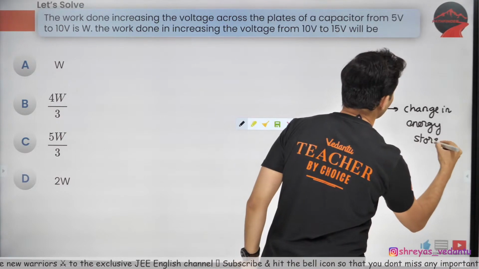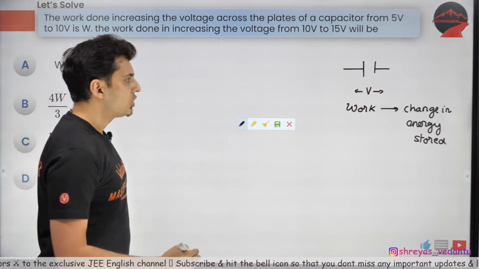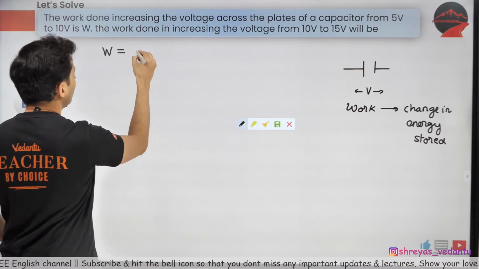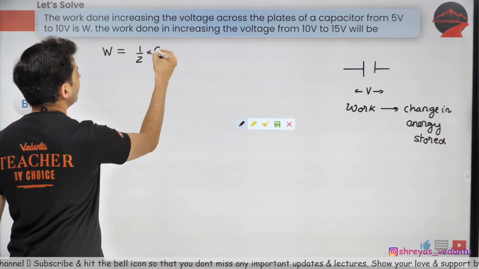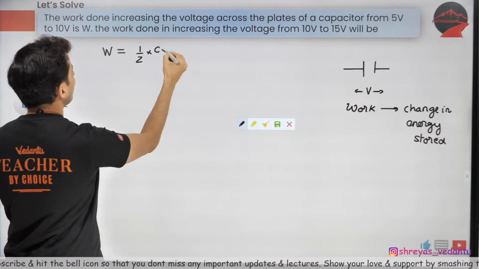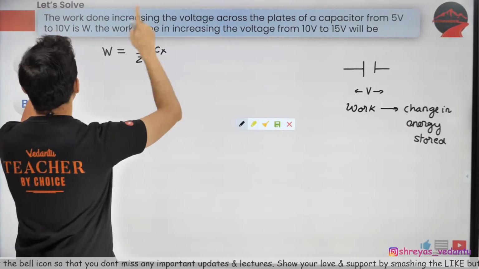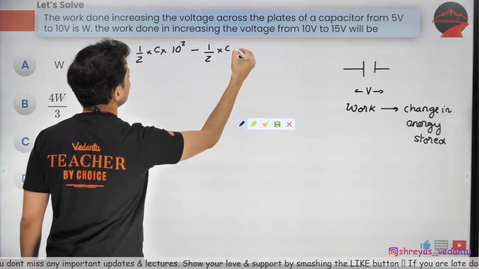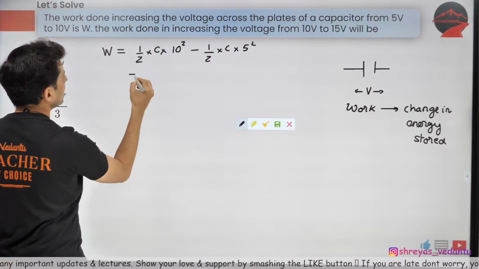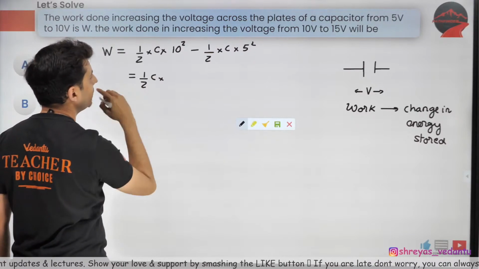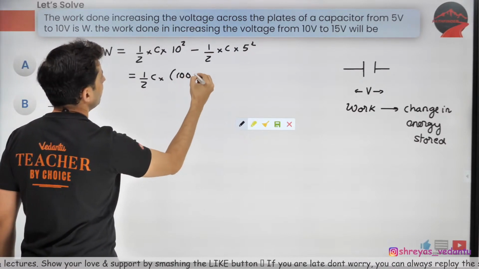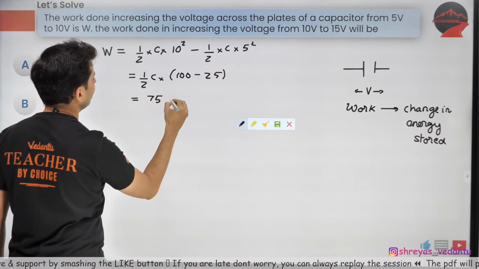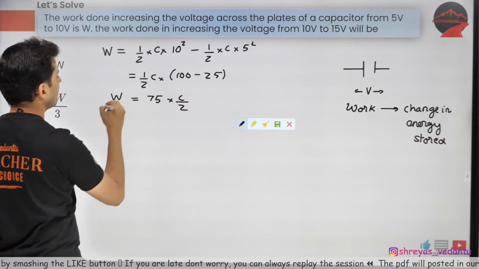In the first case the work was W and the energy change will be half C, I do not know, voltage is from 5 to 10, so final is half into C into 10 square minus half into C into 5 square. So this will be half C into 100 minus 25, which is 75 into C by 2 is W.